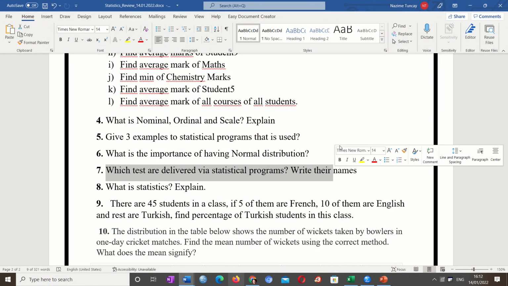So we have mainly two different types of statistics. Descriptive statistics for describing our data. These days, we have many descriptive statistics about COVID-19. It's saying that, okay, in Yrd, we have 200 cases today. In Nicosia, we have 150, for example.